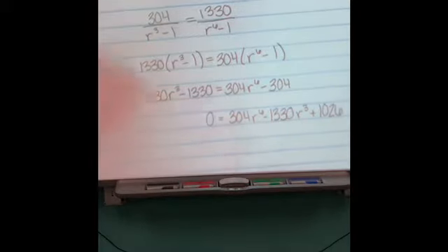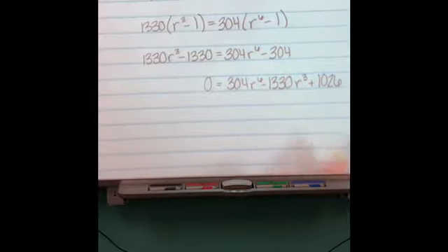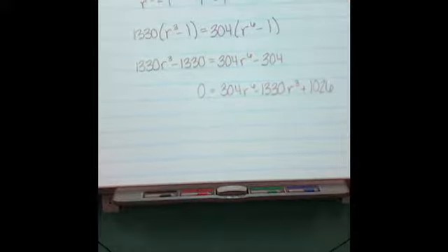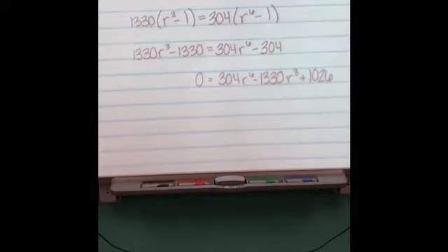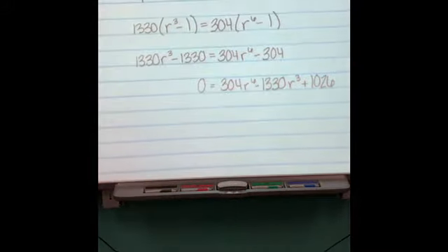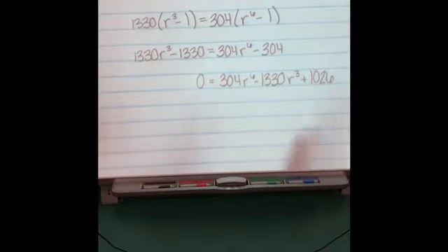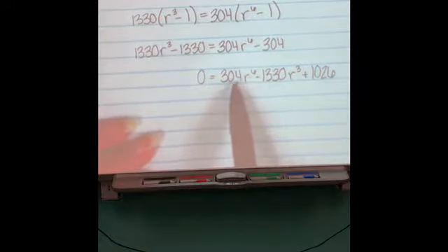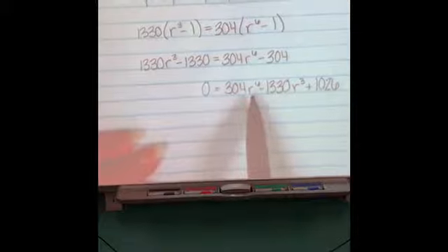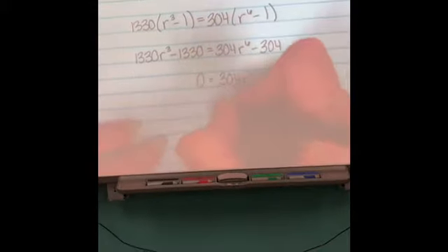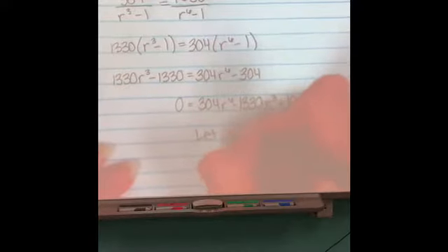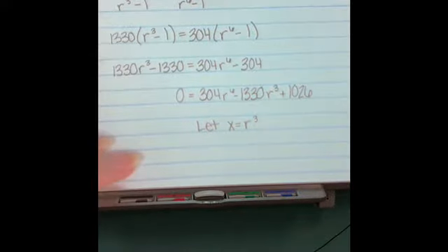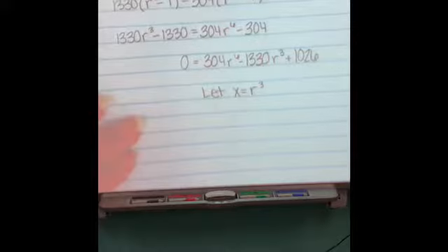And then from there, that's where it gets interesting. So in my opinion, the easiest way to approach this crazy problem is to keep in mind that we can't treat this like a quadratic equation yet, but if we decide to let x equal r cubed, then that will actually change into a quadratic equation we can solve.